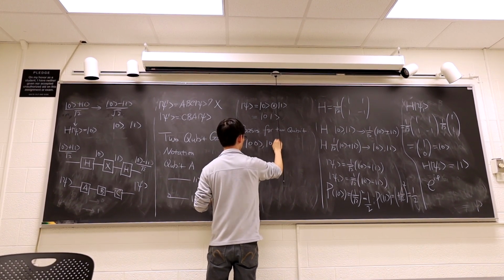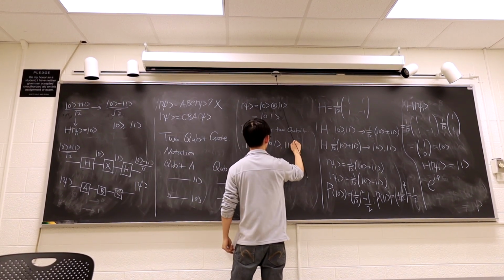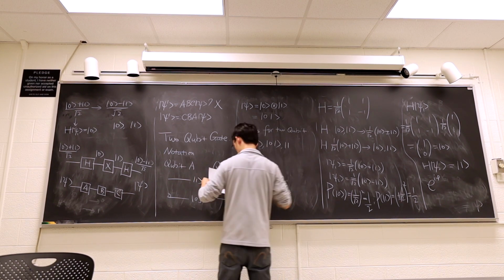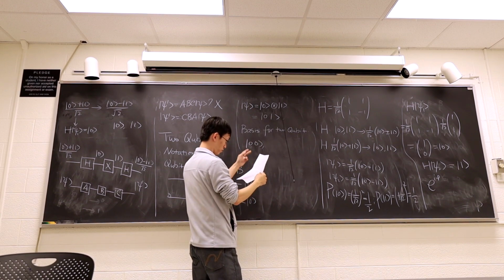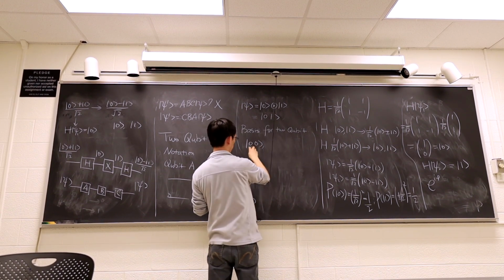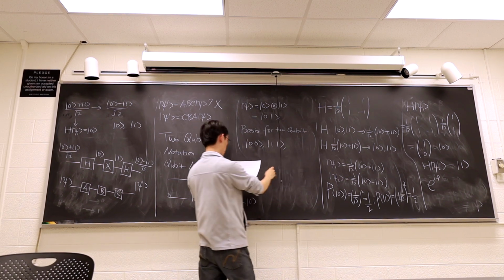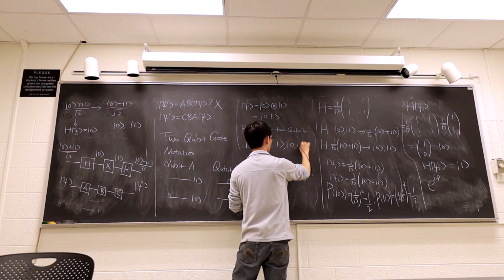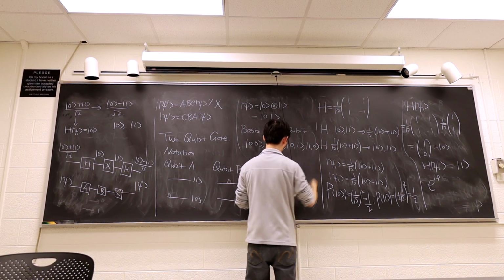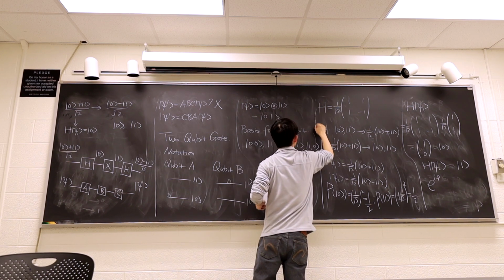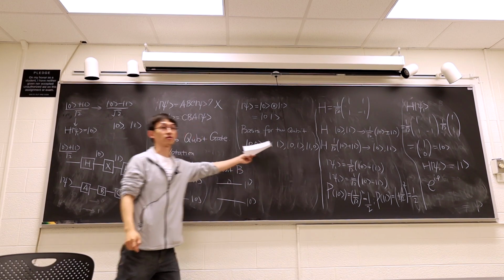You can have the first one in 0 state and the second one in 1 state, both in 1 state, and the first one in 1 state and the second one in 0 state. Okay, so this is your basis.